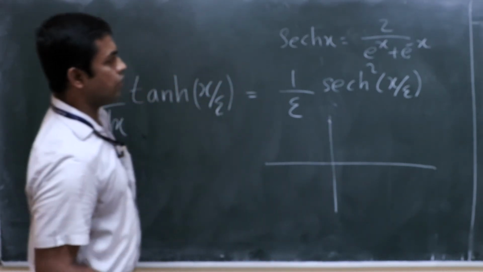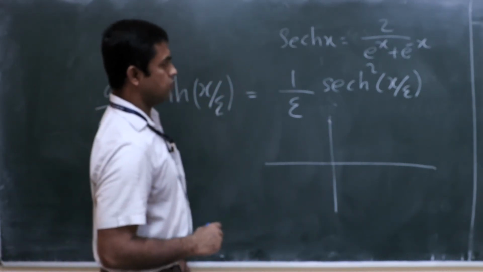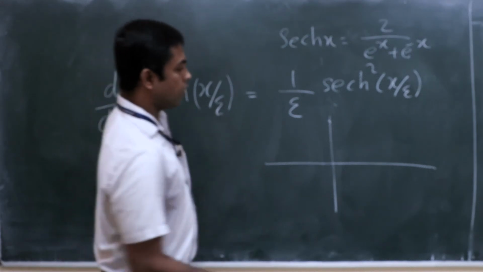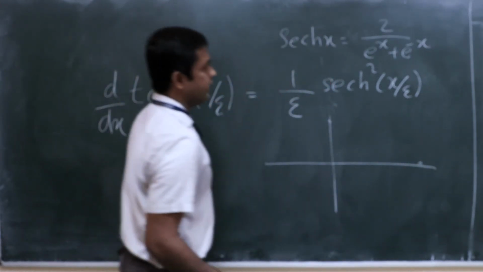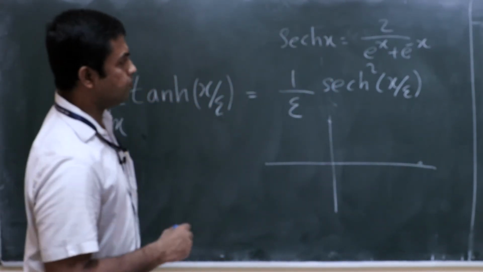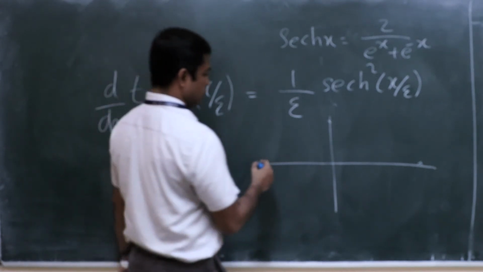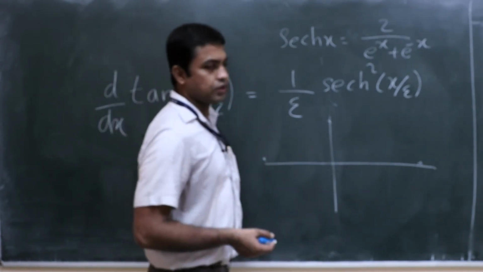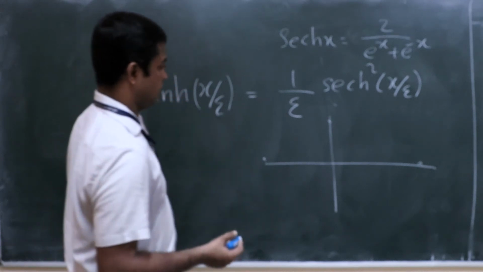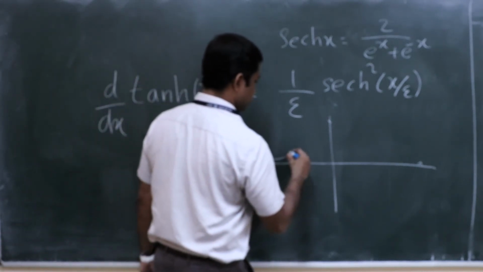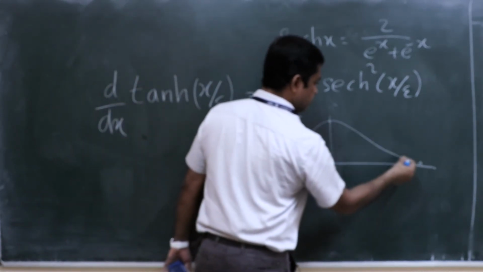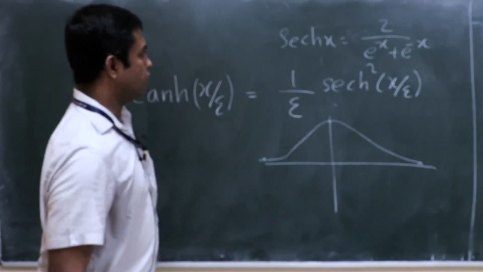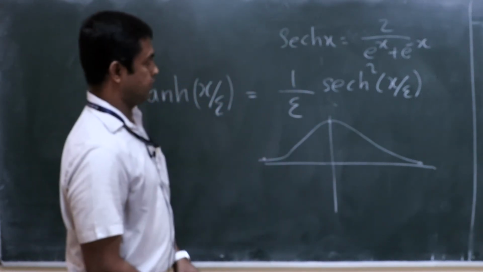When x tends to infinity, what is the value? 0. When x tends to minus infinity, what is the value? 0. You can see that there is no maximum or minimum. What is the slope at x equal to 0? Okay, so this is basically sec hyperbolic x.